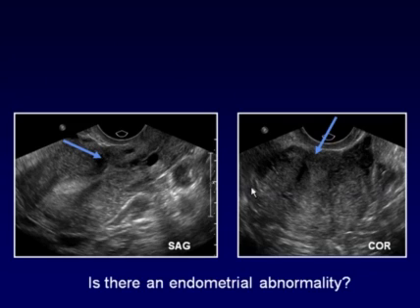Another patient with prior C-section, the question is: is there some sort of odd endometrial abnormality? The endometrium is seen nicely here and is smooth, and right here it looks a little thicker and perhaps a little irregular. Could this be a polyp? In transverse, you have this odd sort of triangular shape of the endometrium at this location.